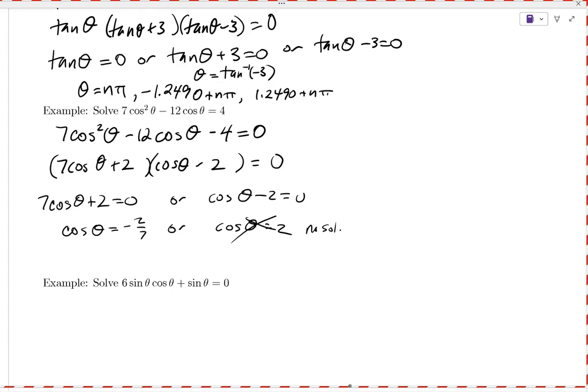So now this one, we'll do inverse cosine of negative 2/7. What do you get when you put that into your calculator? 1.8605.